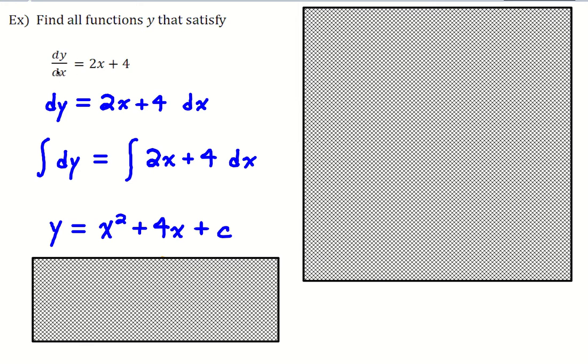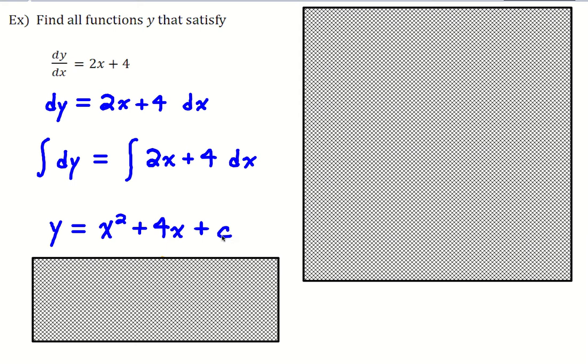So you move the dx to the other side and then integrate both sides. The integral of 1 with respect to y is y, and the integral of 2x plus 4 with respect to x is x squared plus 4x plus c.